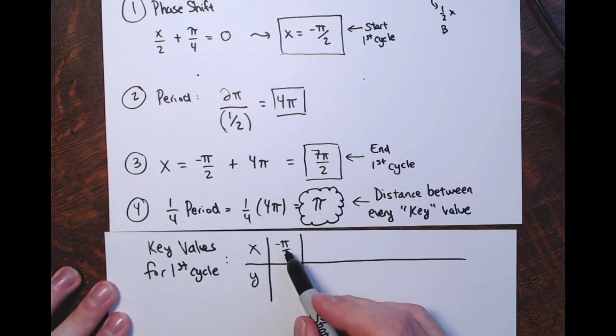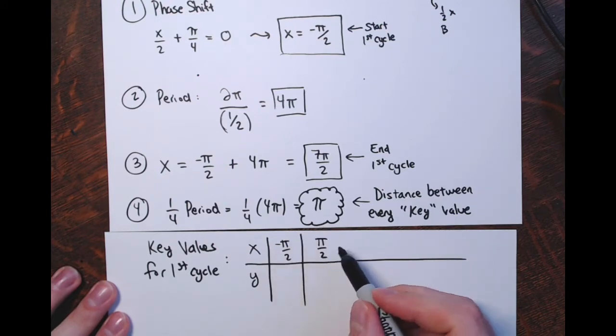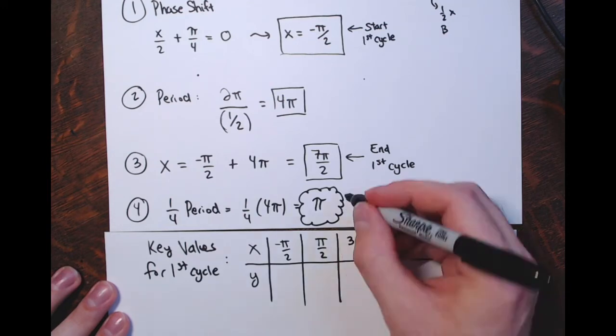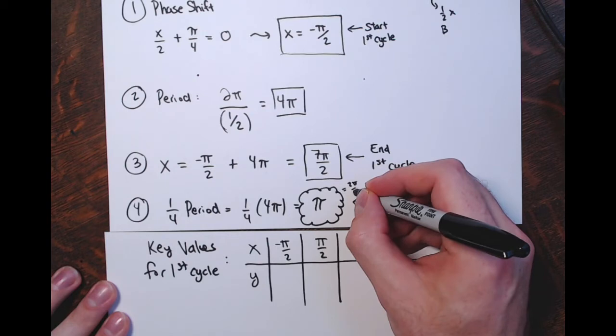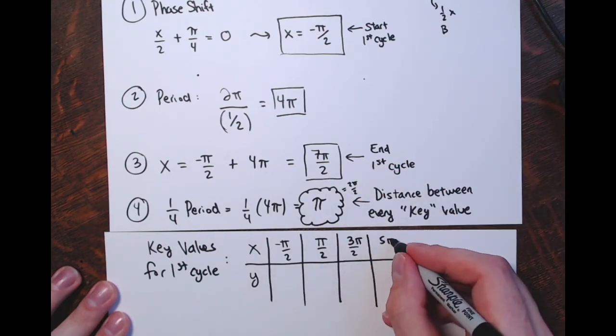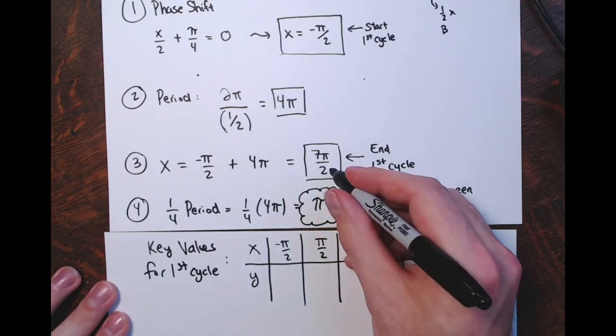So negative pi over 2 plus pi would be pi over 2. Plus pi again would be 3 pi over 2, because remember pi is the same as 2 pi over 2, right? Getting a common denominator. Add pi again would be 5 pi over 2. And then add pi one more time would be the end of my first cycle, 7 pi over 2.